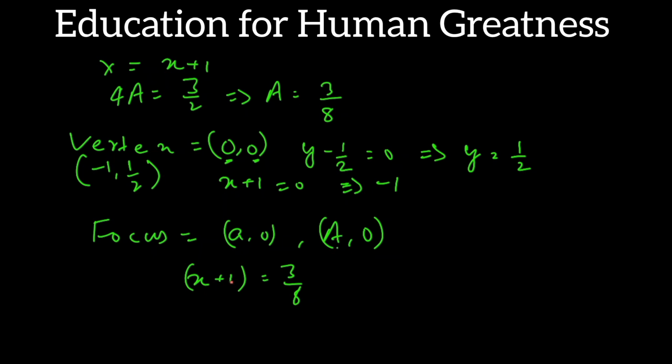This is the x coordinate, and similarly the y coordinate is 0, and in this case y − 1/2 = 0. It is clear. After solving, we will get −5/8 as the x coordinate, and the y coordinate is 1/2, right?